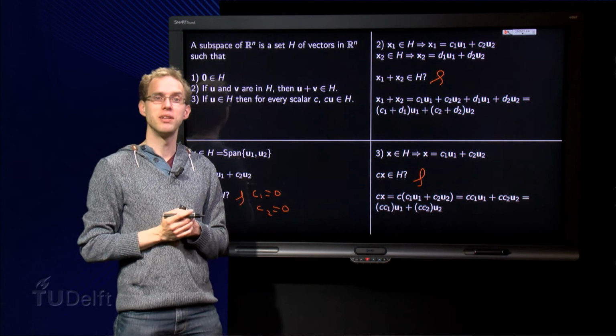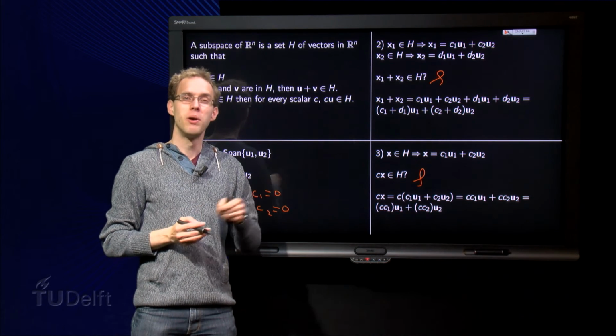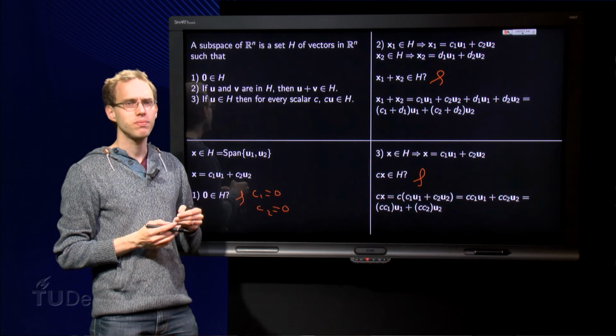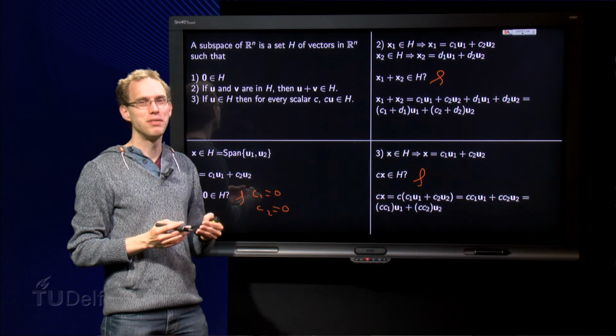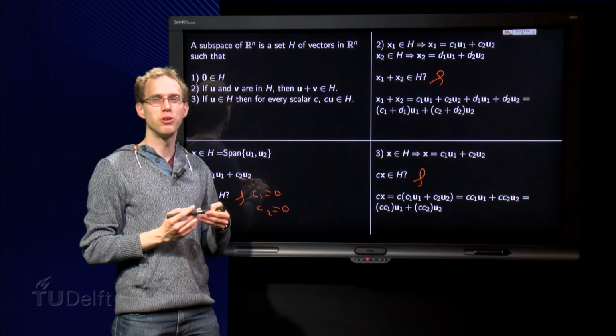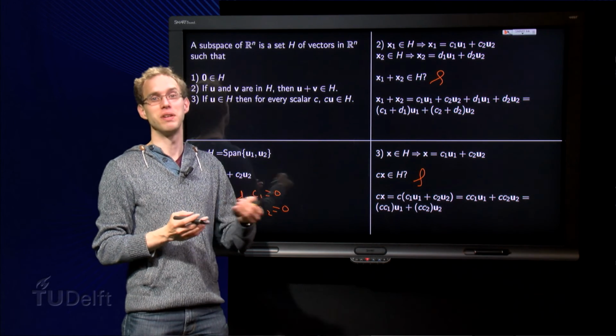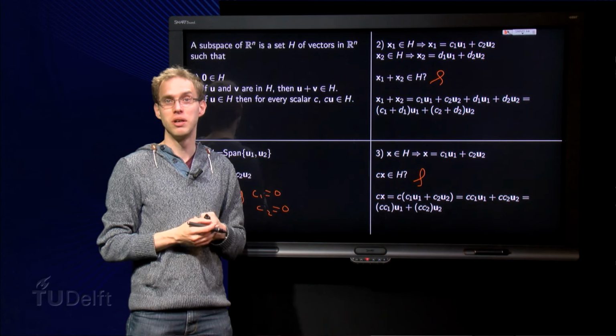And now we see that any span is indeed a subspace. How about the converse? Well, if every subspace would also be a span, why would we have introduced the notion of subspace in the first place? It would not have made sense to introduce this notion.